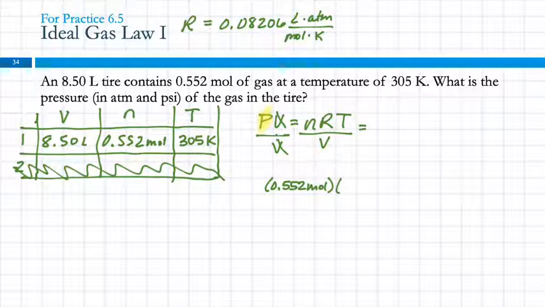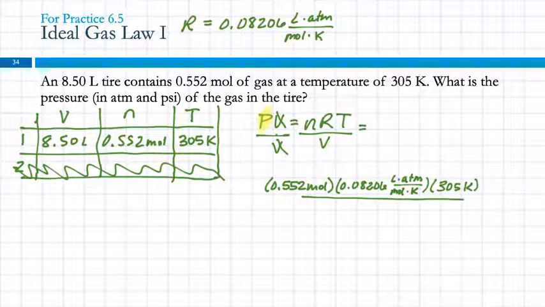So times R, 0.08206 liters times atmospheres divided by moles times Kelvin. And the temperature, 305 Kelvin. And the volume, 8.50 liters. Now the units on that gas constant are messy, but they're actually helpful because they tell us what the units need to be on everything else.